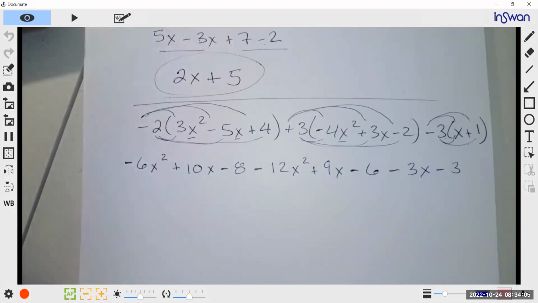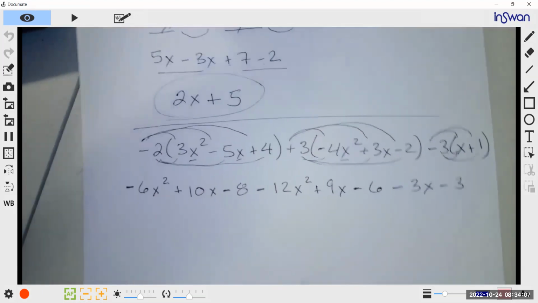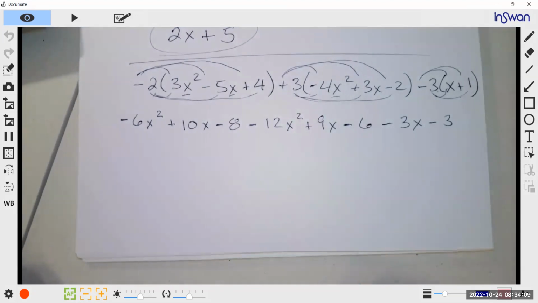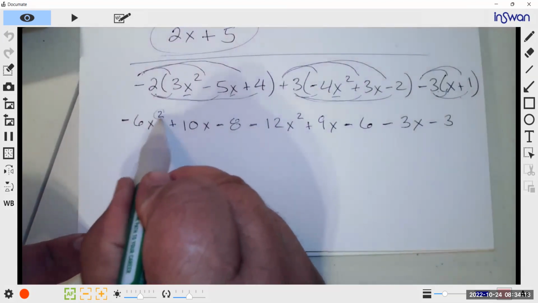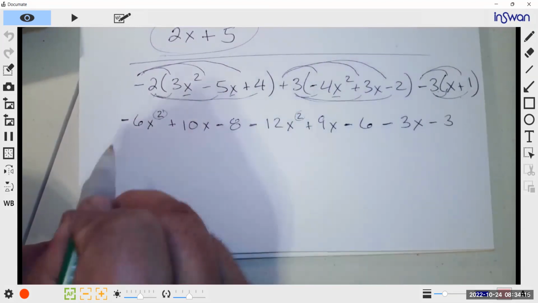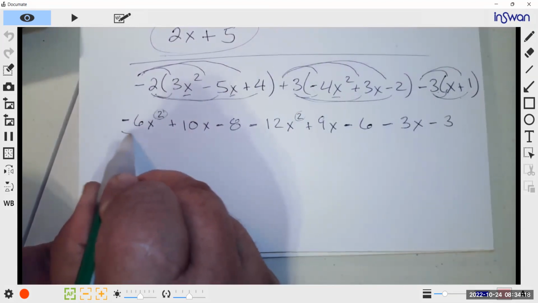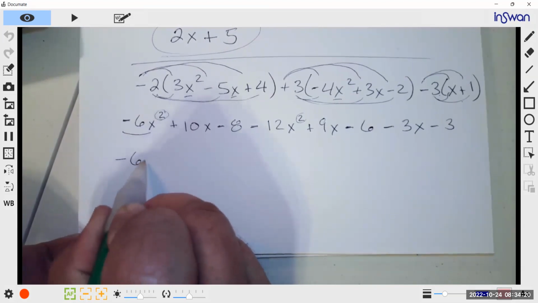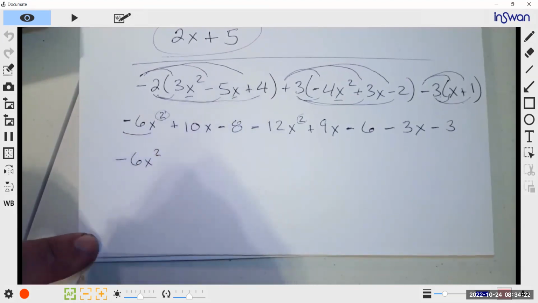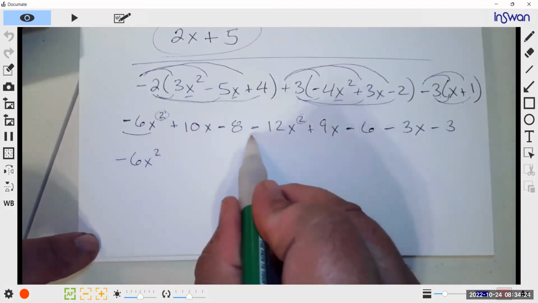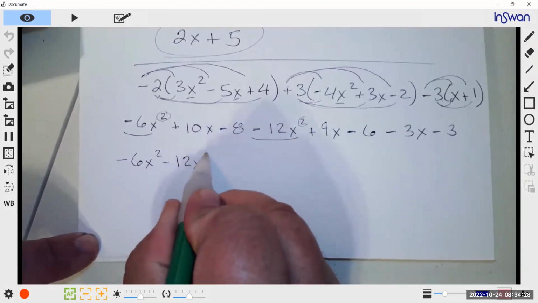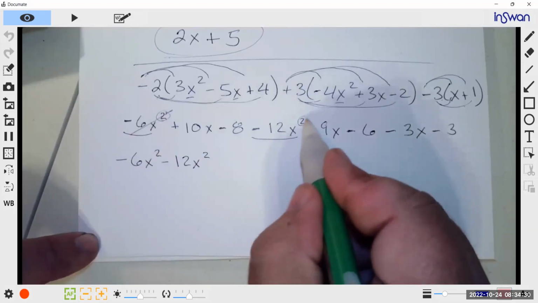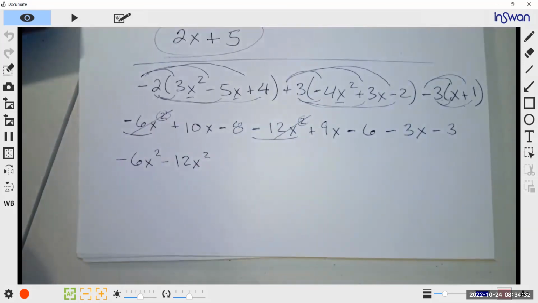So we got rid of the parentheses, which means now we combine like terms. Looking at this, the largest exponent is 2. So let's combine those two. We have a negative 6x squared and a negative 12x squared. So that takes care of both of those in my original equation.